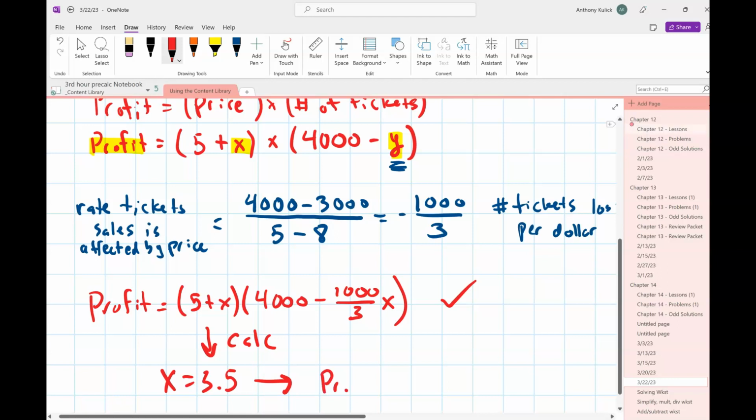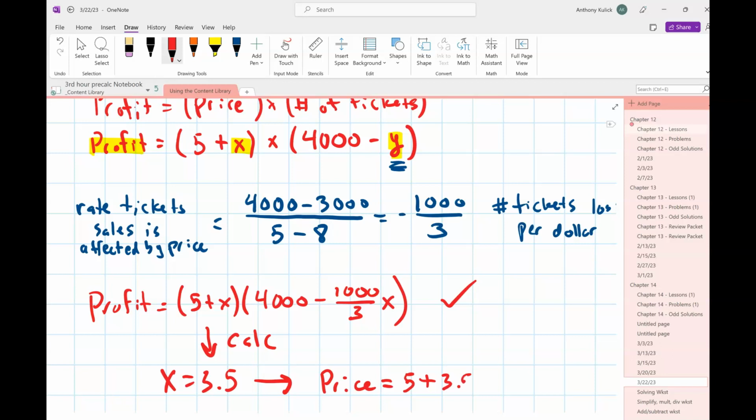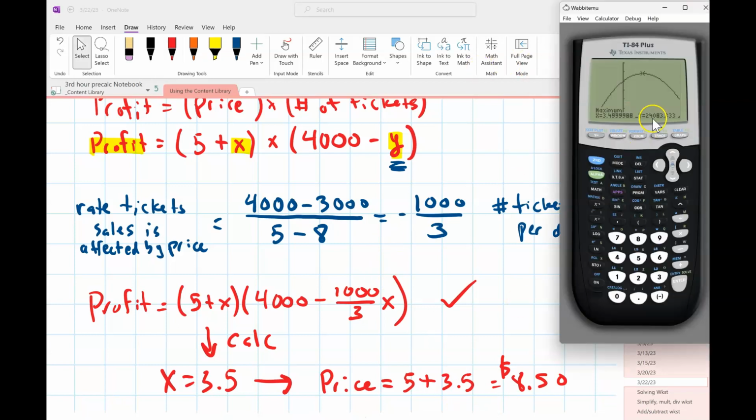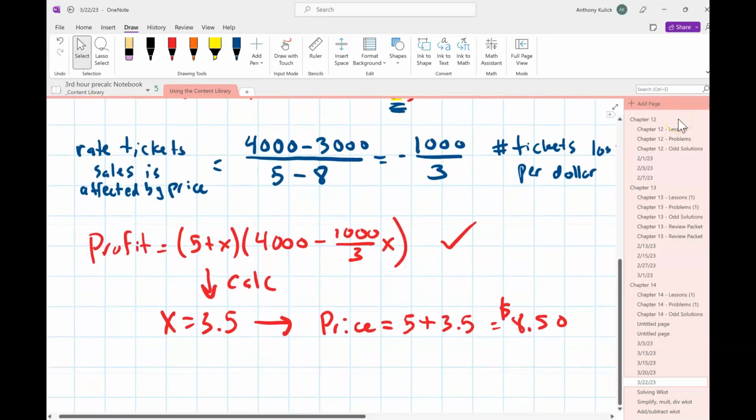So the price then was x, or 5 plus x. So about $8.50. And what do we make there? $24,083.